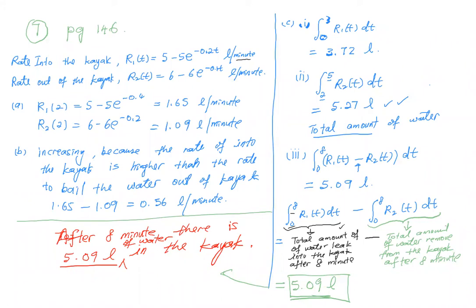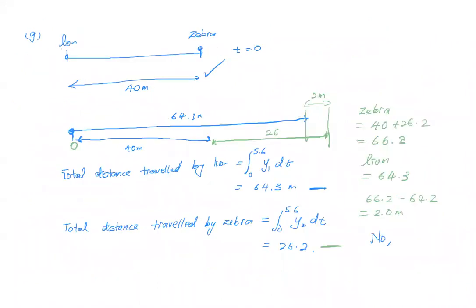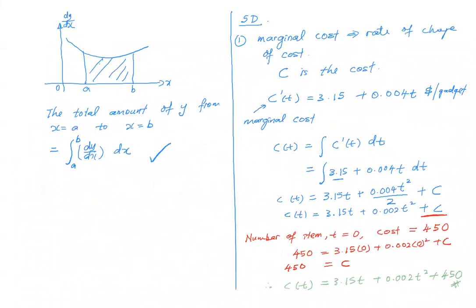So the important idea for integration is this one. This is a very important idea. You get me? Okay. So the rest of it, you just read the question accordingly.